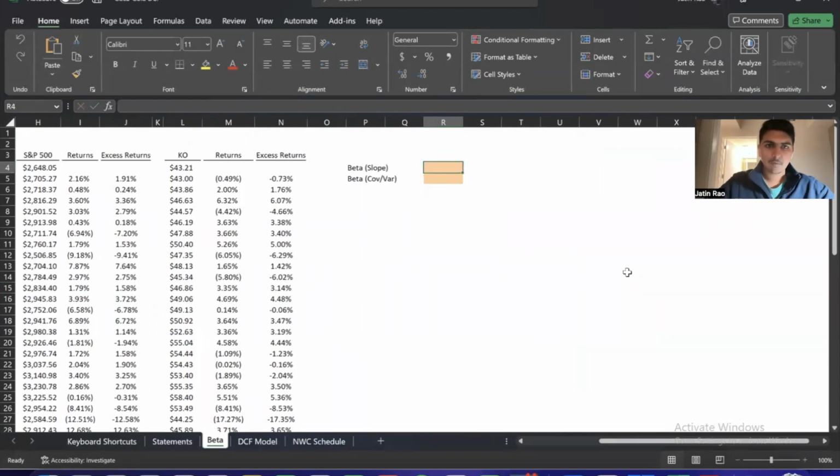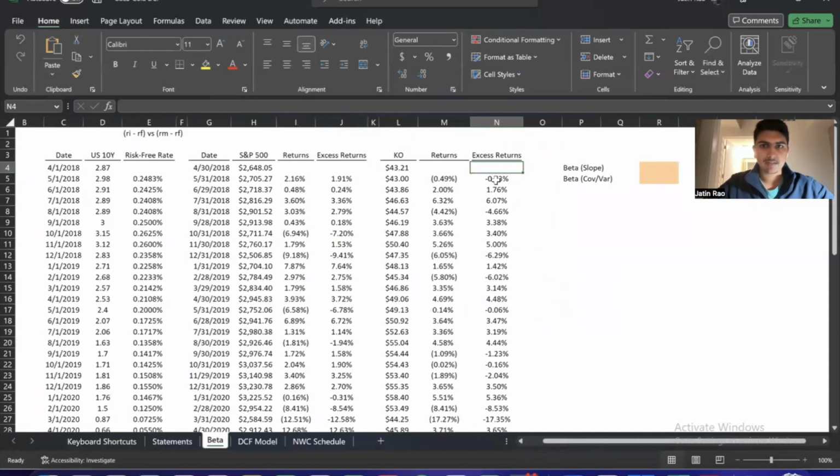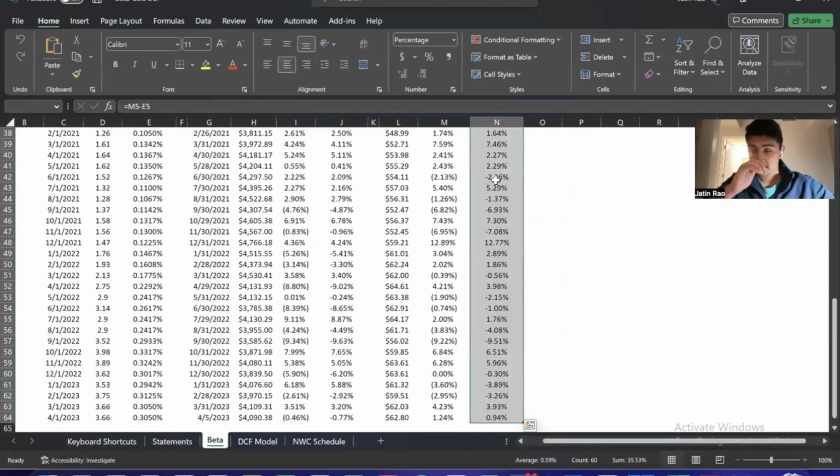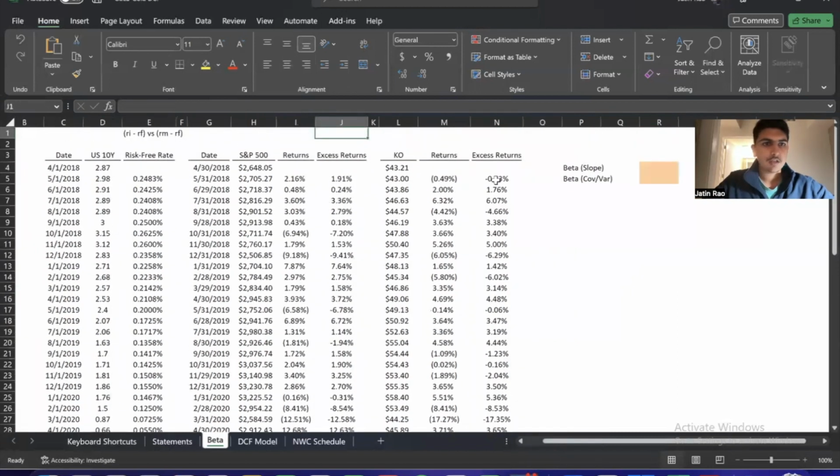Okay, so the slope formula is very simple. What did I say that our regression was going to be? It was these on the y-axis. So these are the excess returns of our specific stock on the y-axis and the excess returns of the market on the x-axis. So we can do that with the slope formula.